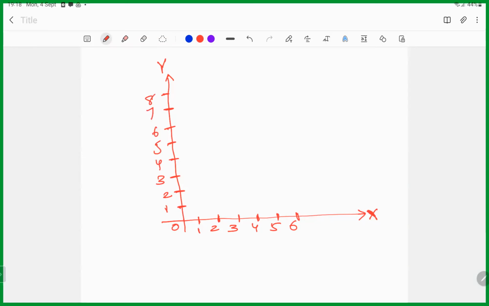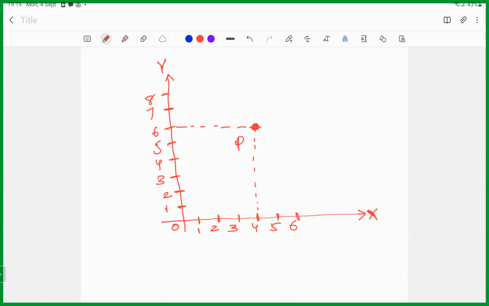Okay. So now there is a point P. Point P is (4, 6). So this is point P. And then point Q is (6, 8).